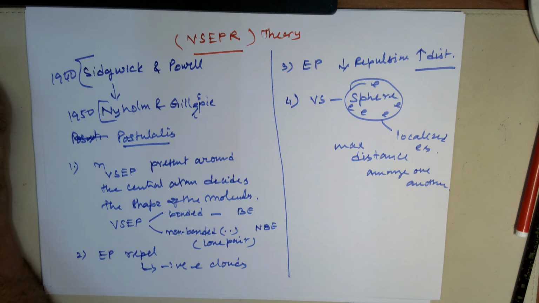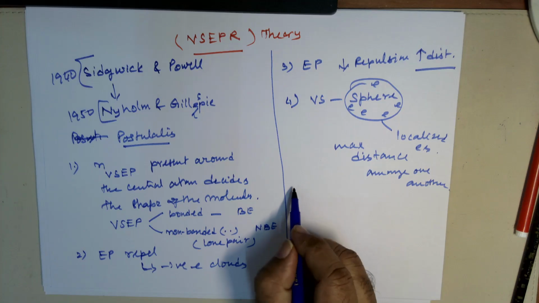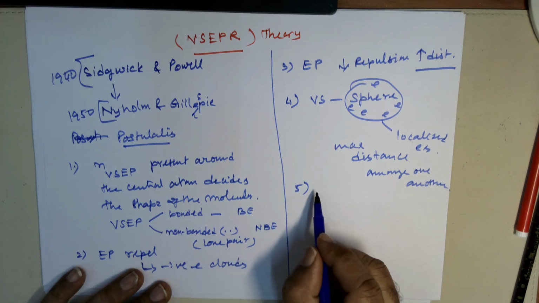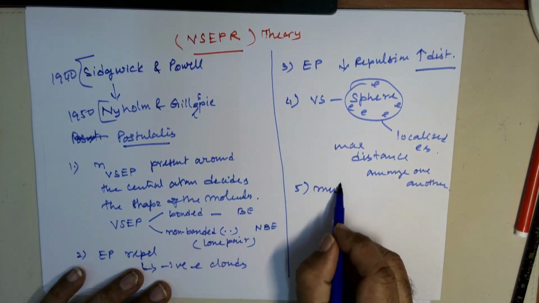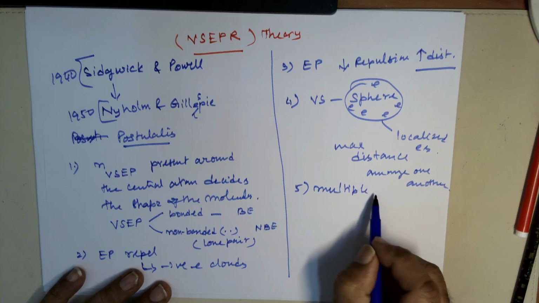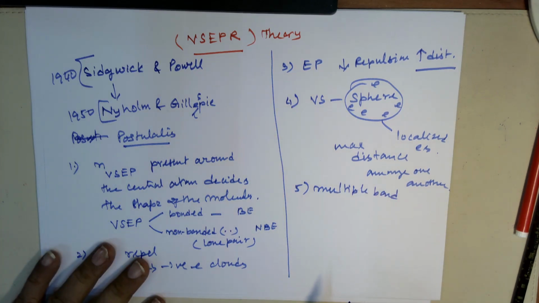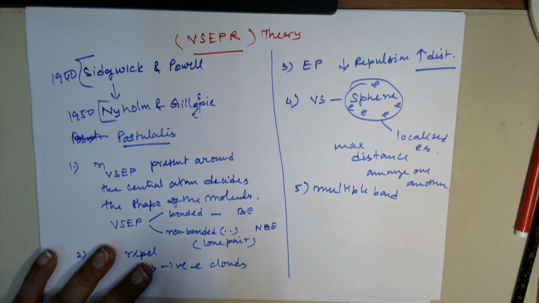Next one. A multiple bond is treated as if it has a single electron pair.